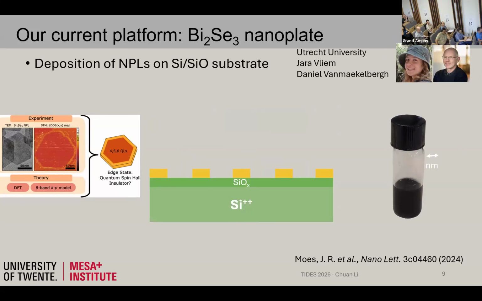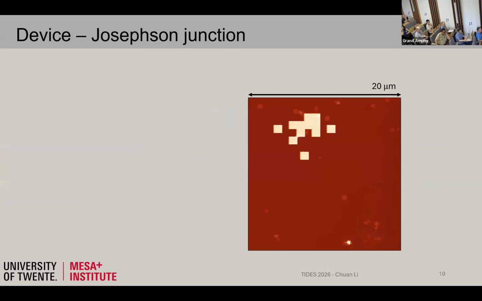We simply drop one very diluted drop onto the substrate, and then we find very small pieces of these nanoplates and make devices out of them. Here is how it looks on the SEM. You can see these are our markers on the substrate, and these are the plates.